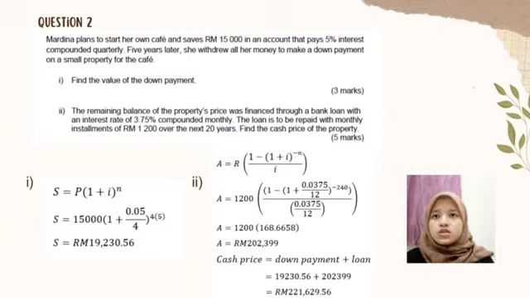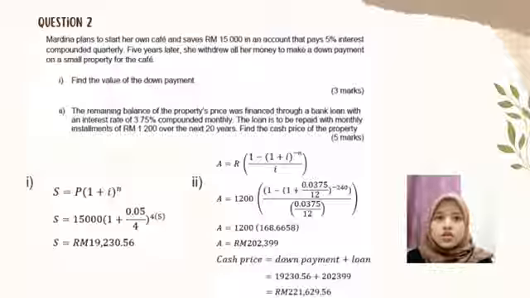After that, we just put all the numbers into the formula, and then we're going to get the amount, which is 202,399. Finally, the cash price of the property is the down payment plus the loan, and then we're going to get 221,629.56.